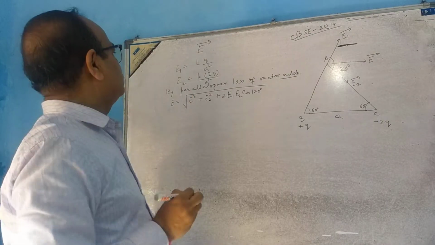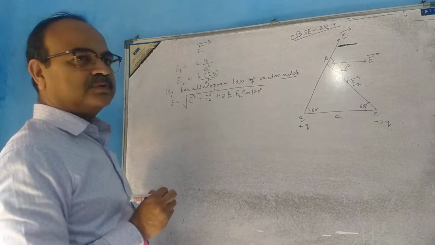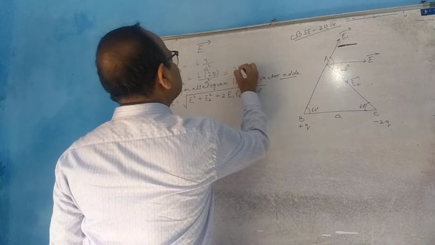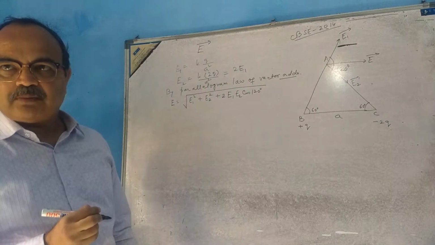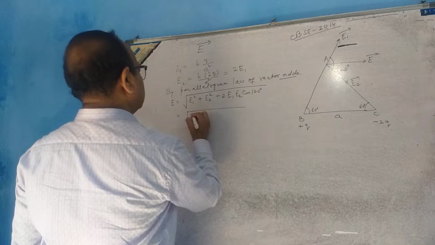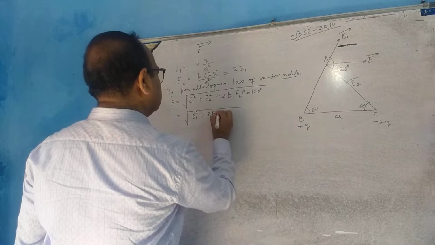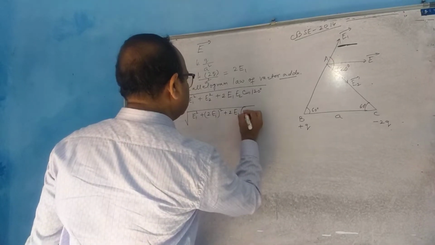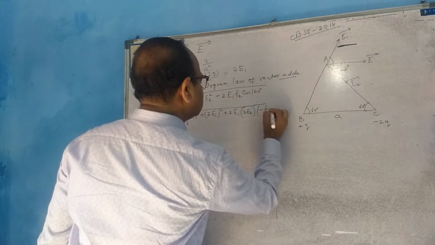Okay. Now, if I correlate these two, may I write E2 as twice E1, no problem, because magnitude-wise it is twice the former. So we can write root over E1 square plus E2 square, that is twice E1 whole square, plus twice E1 into twice E1 into minus 1 by 2.